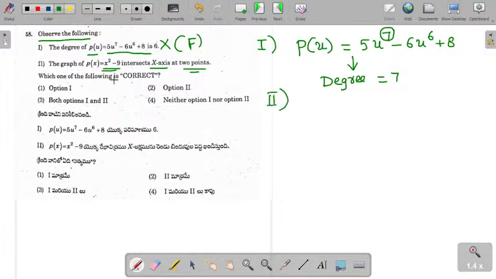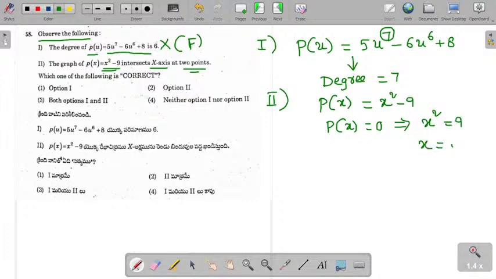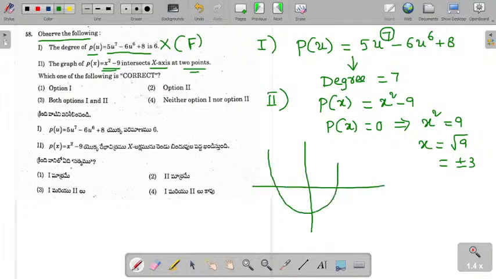Right? So next, the second one. p of x is equal to x square minus 9. So if p of x is equated to 0, you get x square minus 9 is equal to 0, x square is equal to 9, x is equal to root 9, that will be plus or minus 3. That means it has two zeros, so definitely the graph cuts like this.